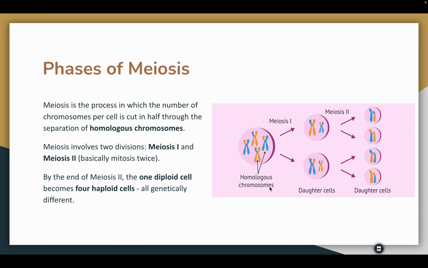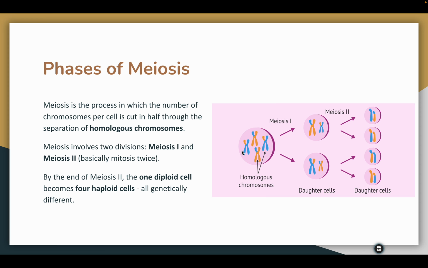So if you look at this picture, you're probably thinking, oh, there's some interesting stuff going on there. We're going to talk about that in a little bit. But we are going to separate the homologs. As you can see here, in meiosis 1, we end up with 2 cells with already half the amount of information.